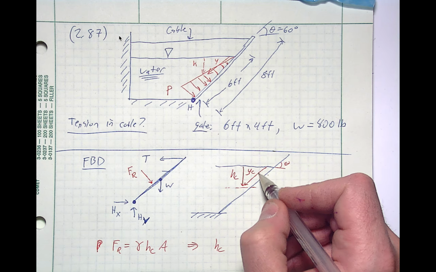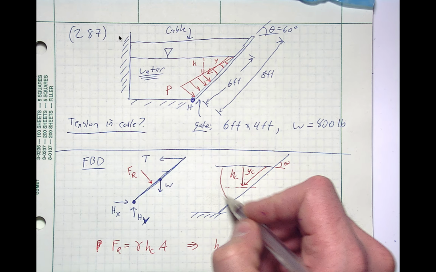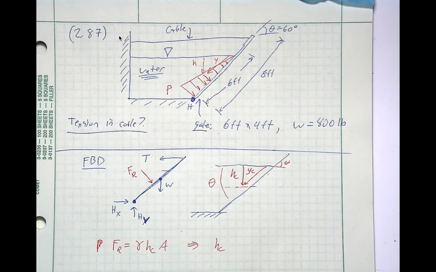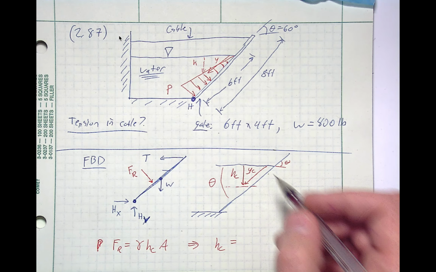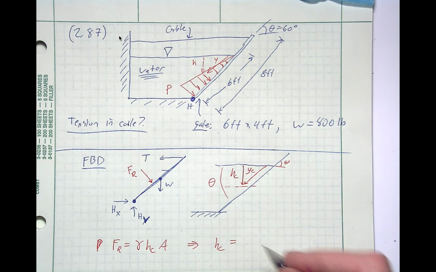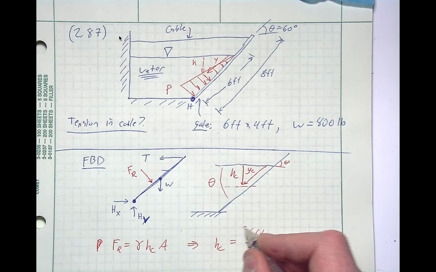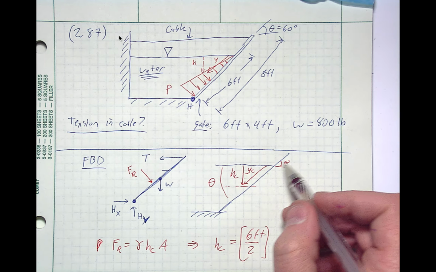You guys agree? So HC is just going to be YC. We know YC is just going to be 6 feet over 2, which is 3 feet, and then we just hit it by sine.